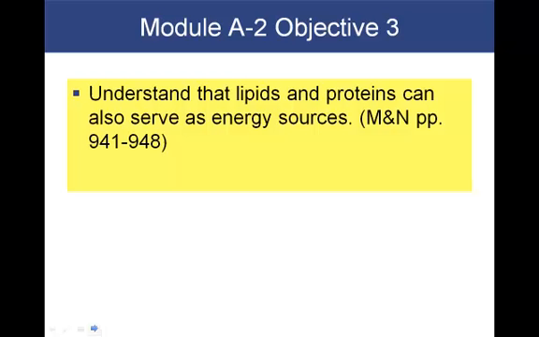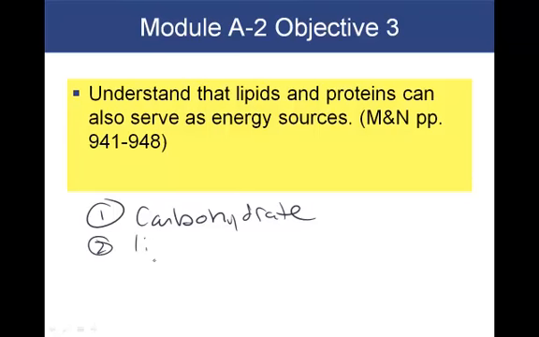In Objective 3, we're going to look at lipid and protein metabolism. I'm not even going to begin to get into any type of detail. I just want you to understand that lipids and proteins can serve as an energy source. When our body utilizes energy, the first molecule that it metabolizes is a carbohydrate. Carbohydrate metabolism we covered in detail in the last objective. When carbohydrates are depleted, the body starts breaking down lipid.